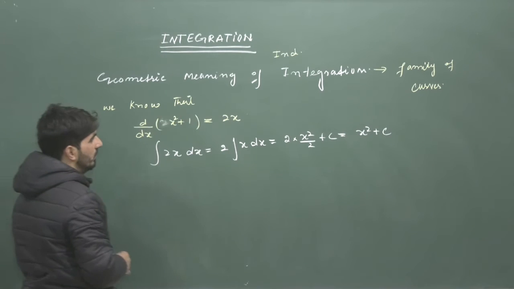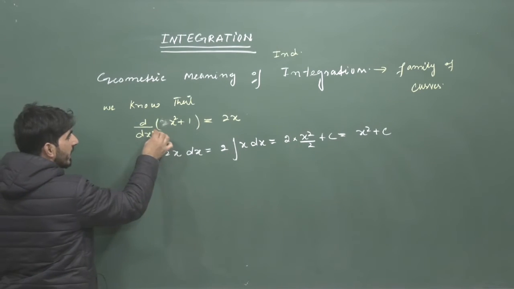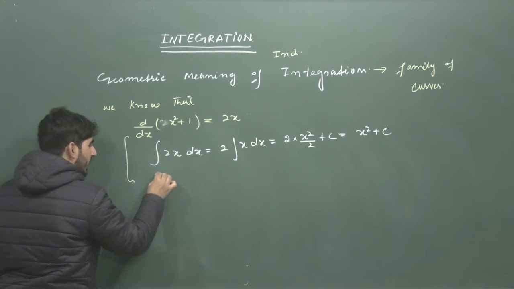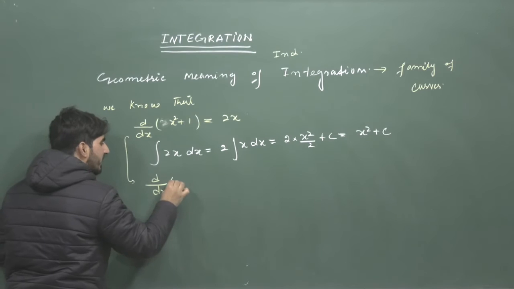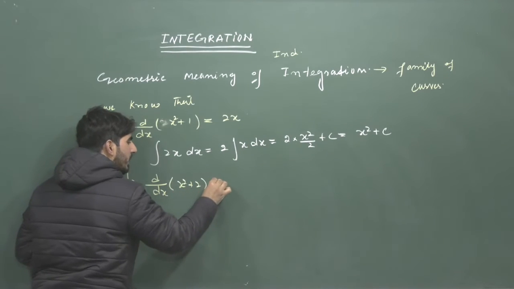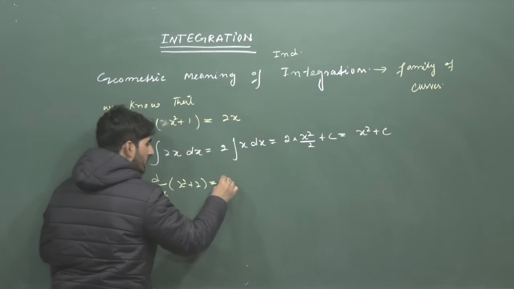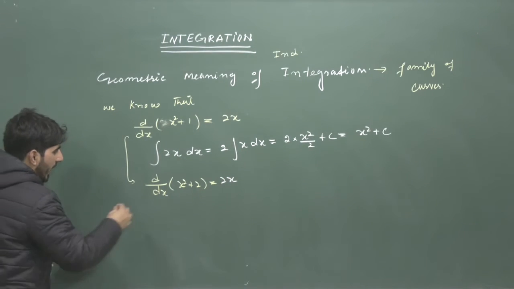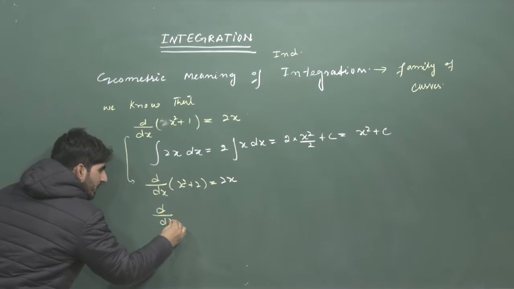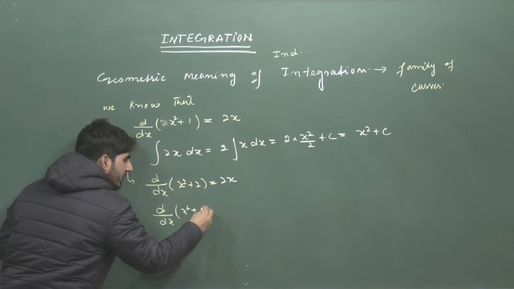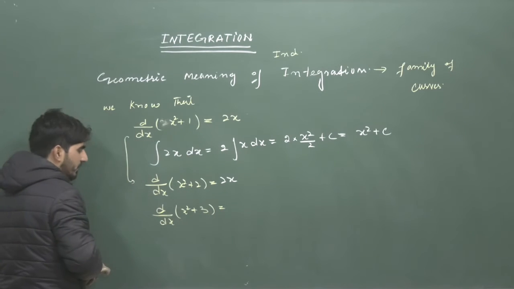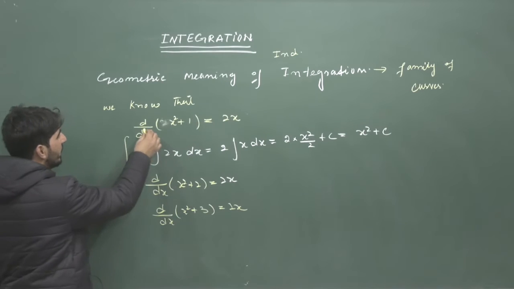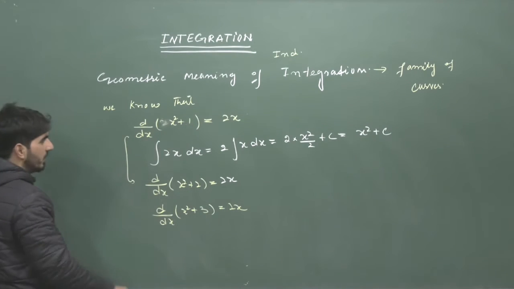Now here the differentiation of x square plus 1 is 2x. If we say dy dx of x square plus 2, this is the same as 2x, and dy dx of x square plus 3 is also 2x.